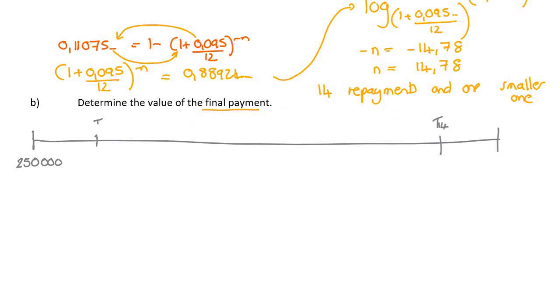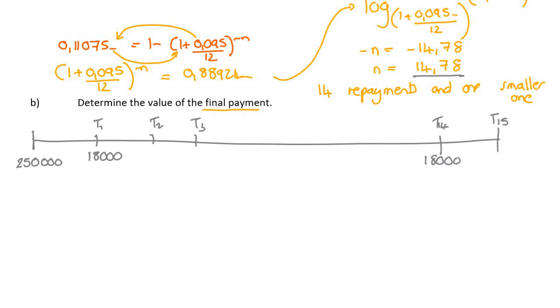And each month I'm going to pay 18,000 Rand, up until the 14th month, and then in the 15th month, clearly I don't have to make a full payment of 18,000 Rand because there was a decimal answer. Now you can't just say, okay, so it's 0.78 of 18,000 Rand. That's not how it works.